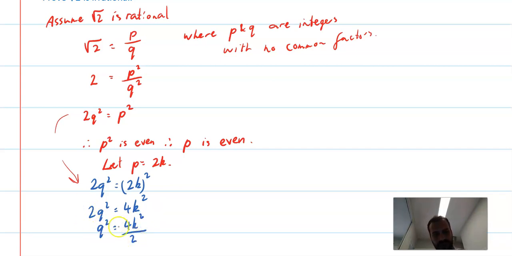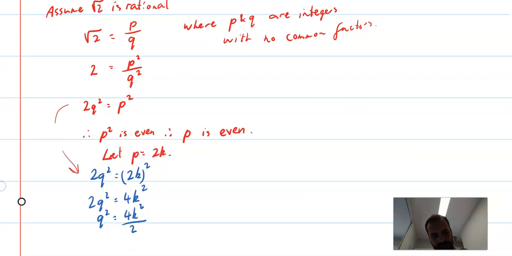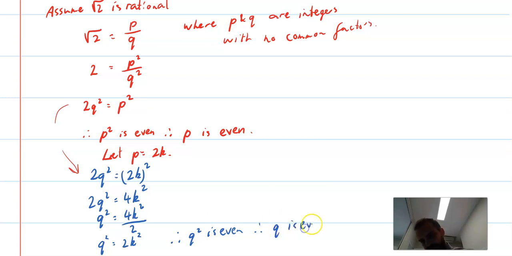So just dividing that by 2. And we can now say that q squared is equal to 2k squared. What does that mean? Well, if q squared is equal to 2 times something, that means that therefore q squared is even. Therefore q is even.